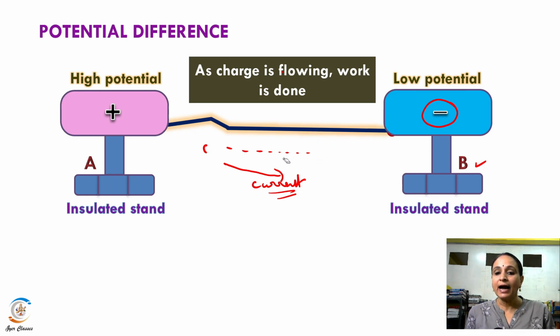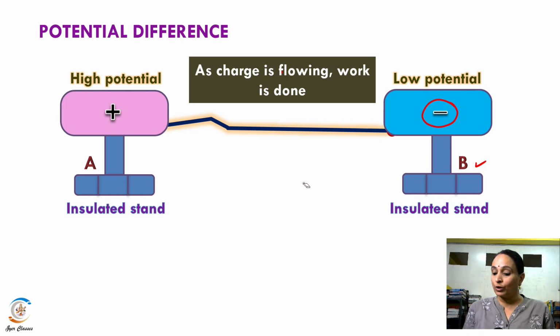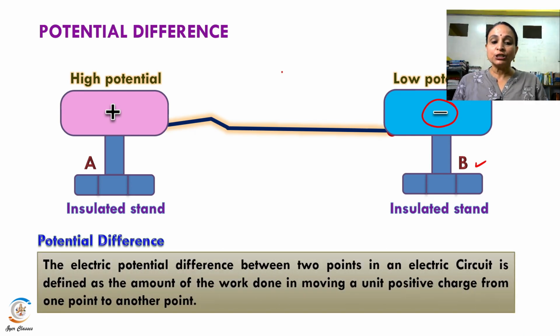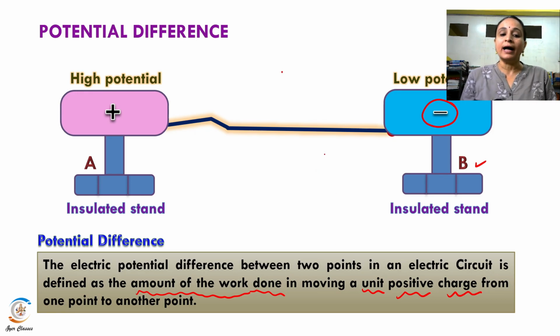Now you can see that this work is done because of the potential difference. So there is a relation between them. And what is the relation? The potential difference between 2 points in an electrical circuit is defined as the amount of work done in moving a unit positive charge from one point to another.